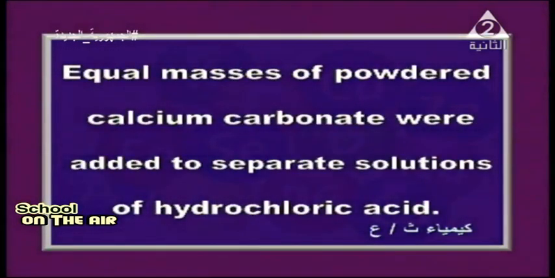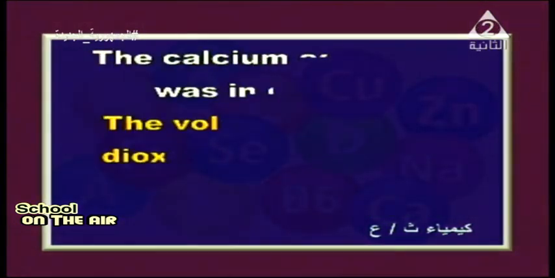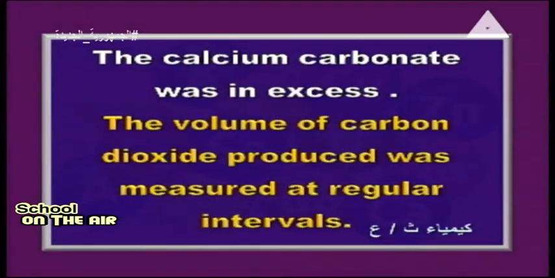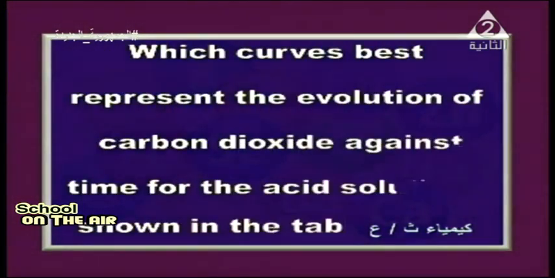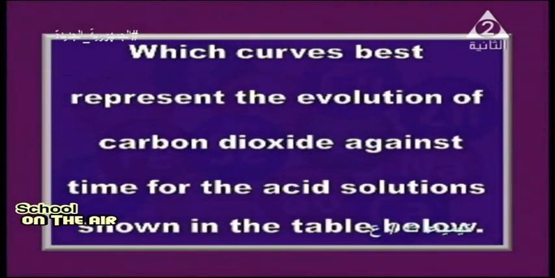Equal masses of powdered calcium carbonate were added to separate solutions of hydrochloric acid. The calcium carbonate was in excess. The volume of carbon dioxide gas produced was measured at regular intervals. So if you look at the question here, which curve best represents the evolution of carbon dioxide gas against time for the acid solutions shown in the table below?